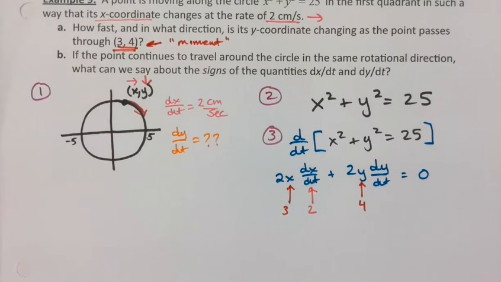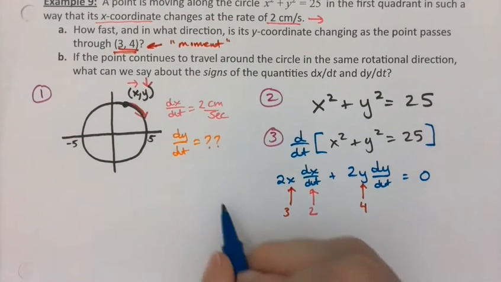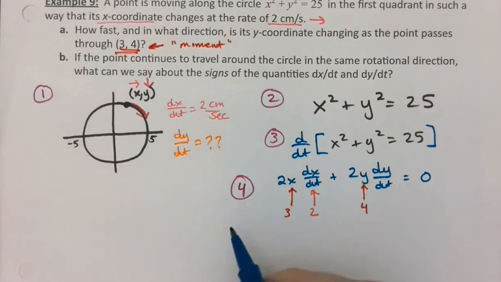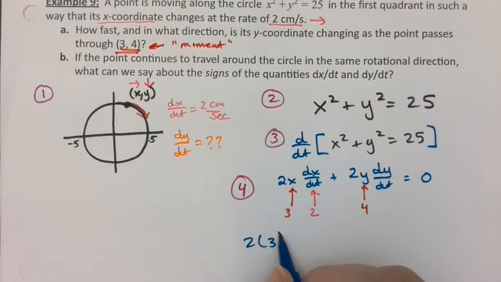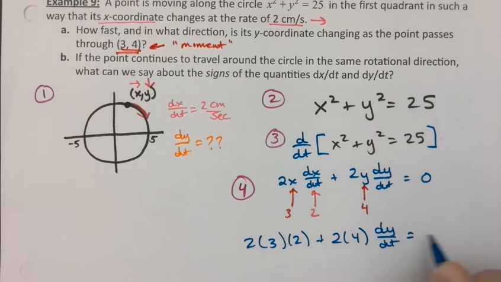I don't even need to do any work on the side on this one. This is step 4. For once, I'm not going to forget. So this is 2 times 3 times 2 plus 2 times 4 times dy/dt, which is what I'm trying to find, equals 0.